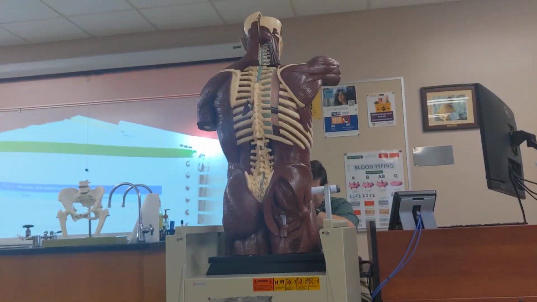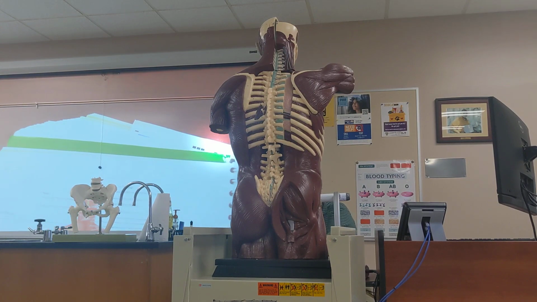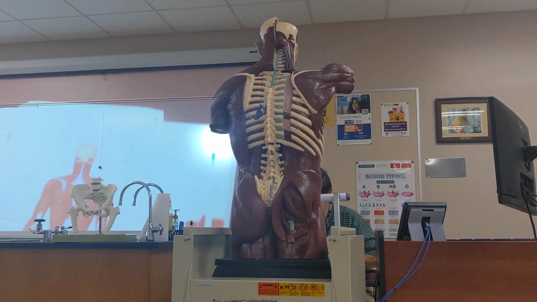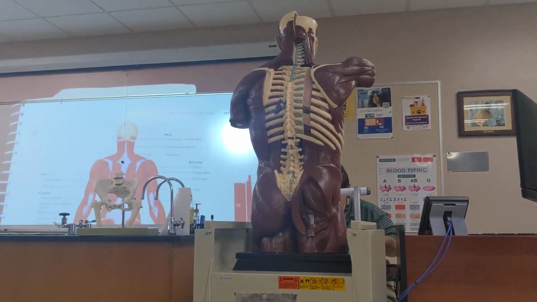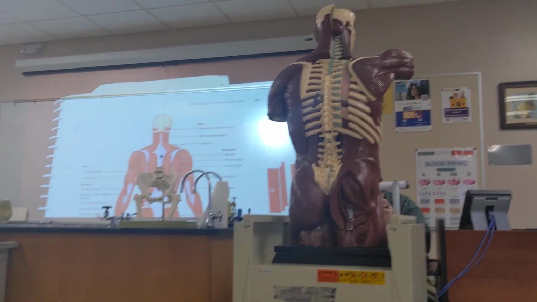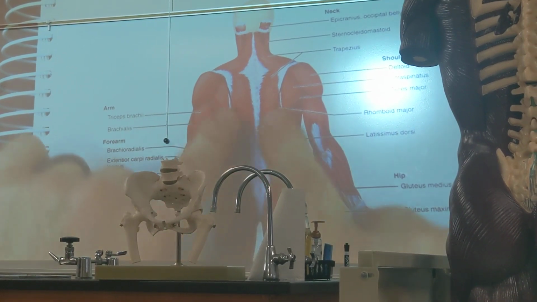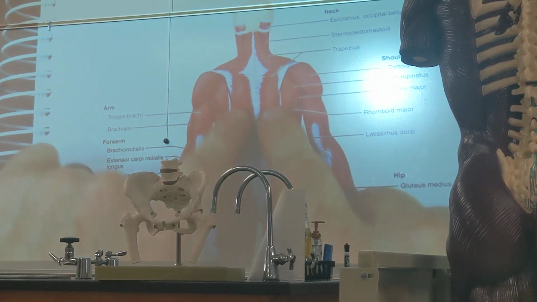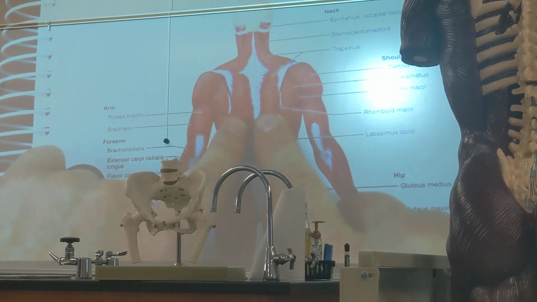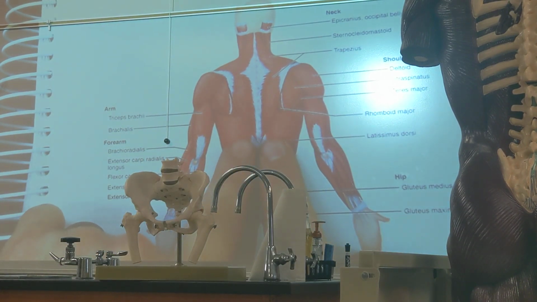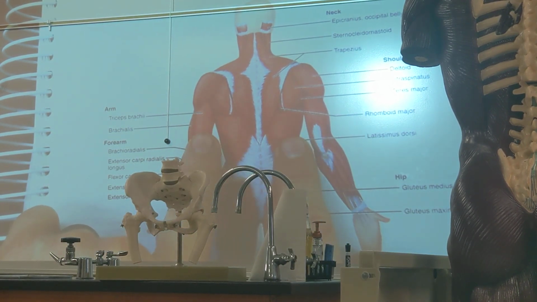Now, here we go for lat dorsi. Below the trapezium. There's the trapezium. Below that we have back muscles, hence dorsi.